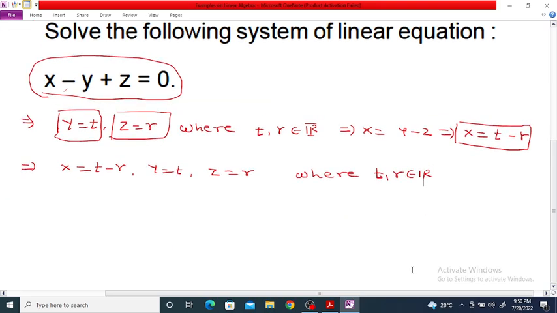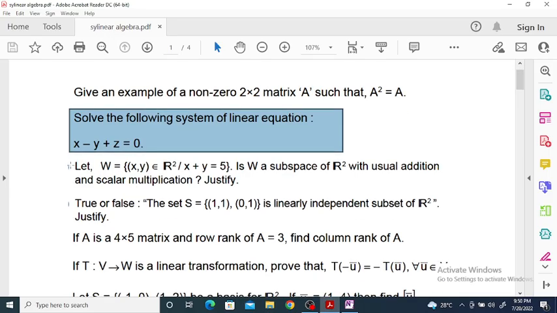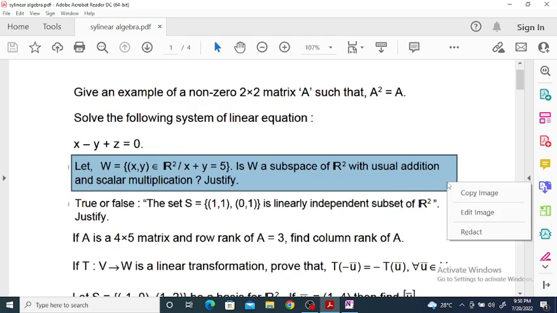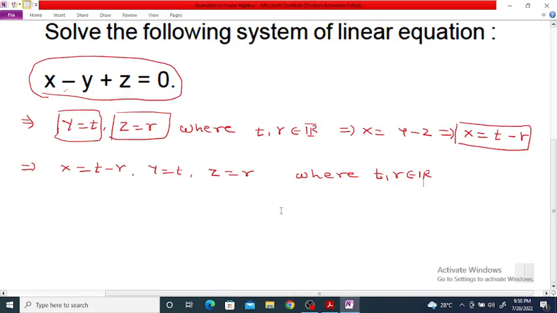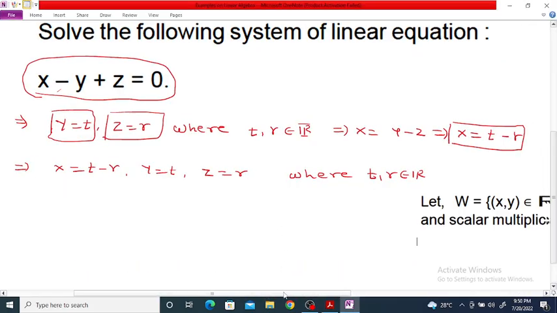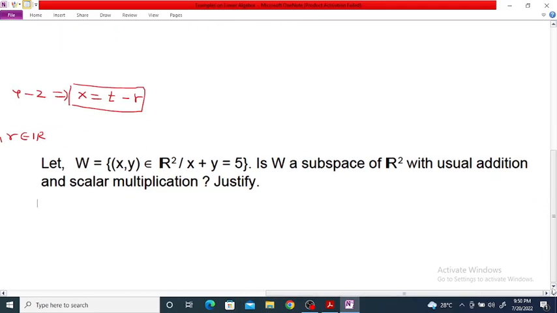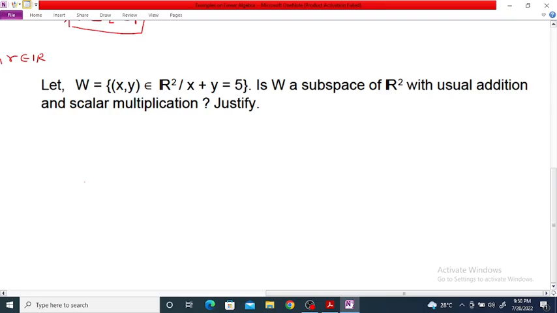Next example, let W be the set of (x, y) such that x plus y equal to 5. Is W a subspace of R square?